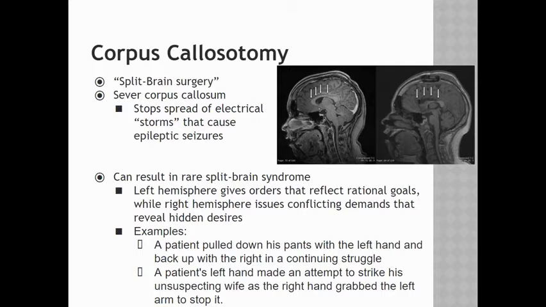So the left hand wanted to do one thing, the right hand wanted to do another. A patient's left hand made an attempt to strike his wife as the right hand grabbed the left arm to stop it. So, especially immediately after surgery, it seems that there's a disconnect between what different parts of the body are doing because the brain has lost that ability to communicate with itself.